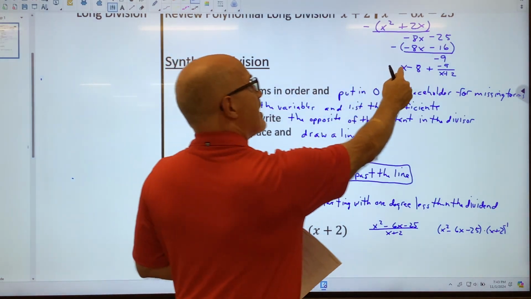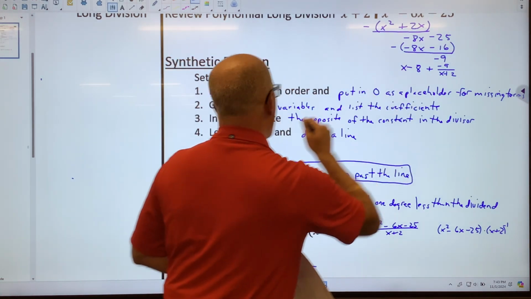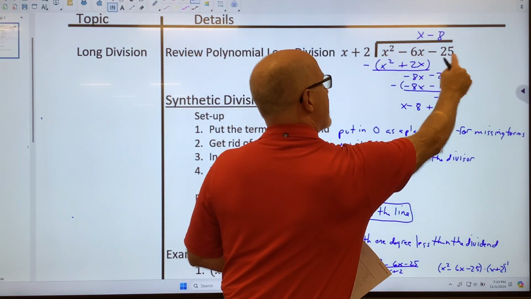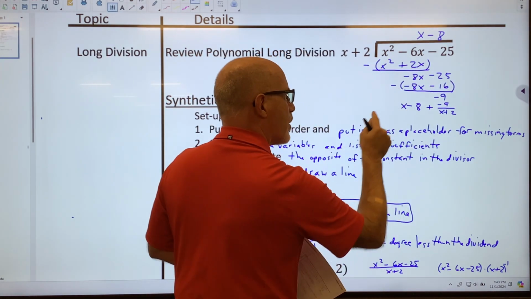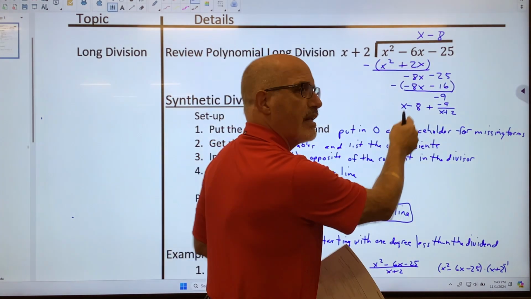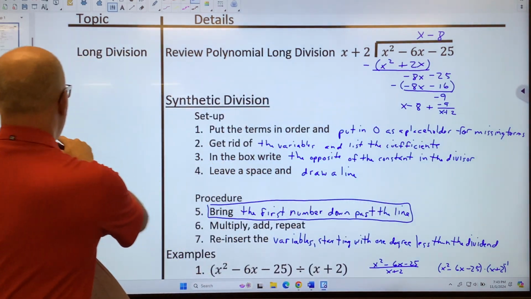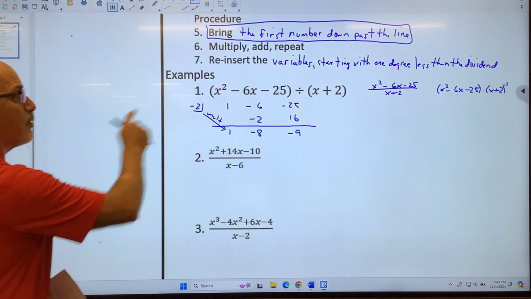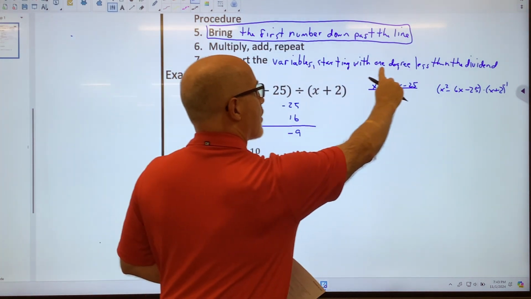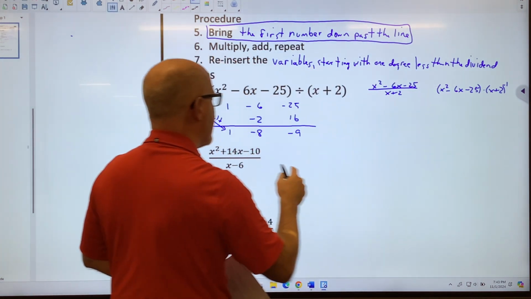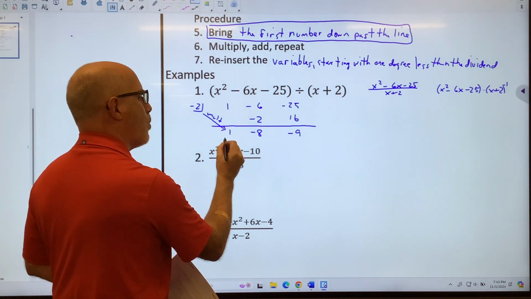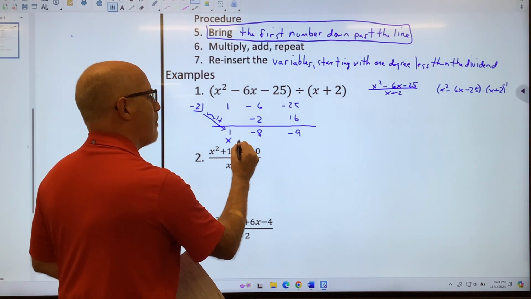Notice that this quotient was 1 degree less than the original dividend. The dividend is an x squared. We're going to have this one be 1 degree less than it. So when you go back to putting the variables back in, reinsert the variables starting with 1 degree less than the dividend. I started with an x squared, so I'm going to start this one with a 1x minus 8.